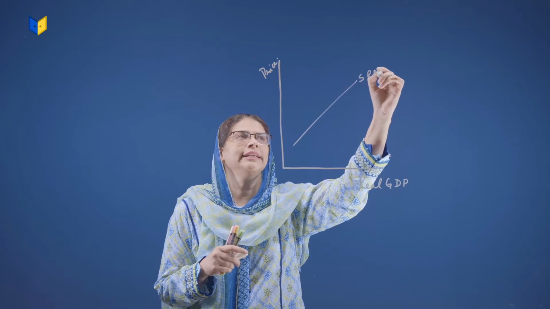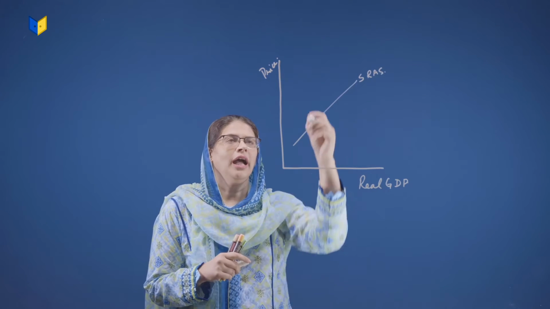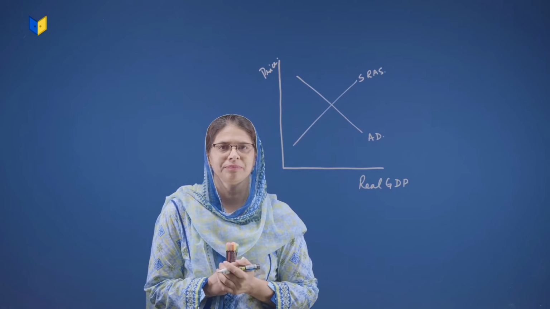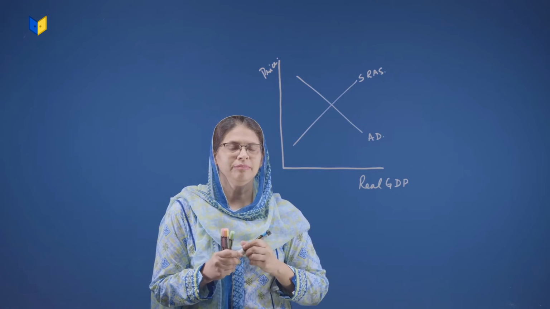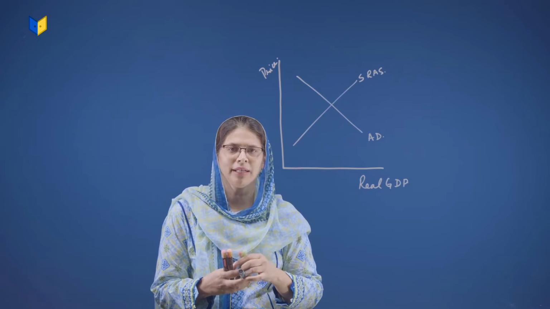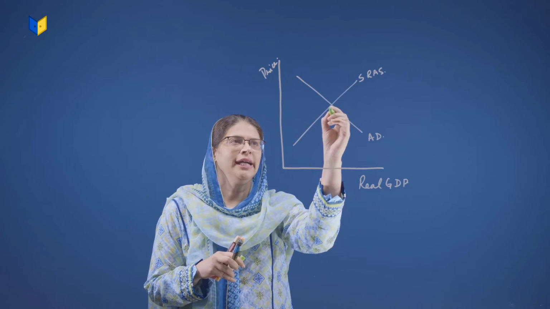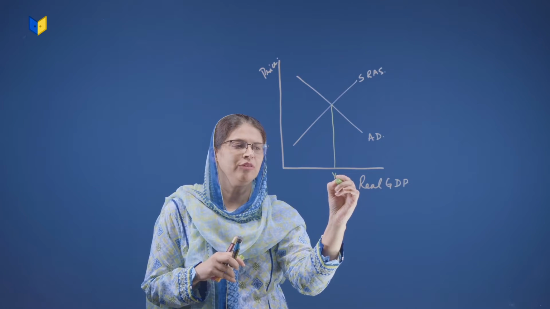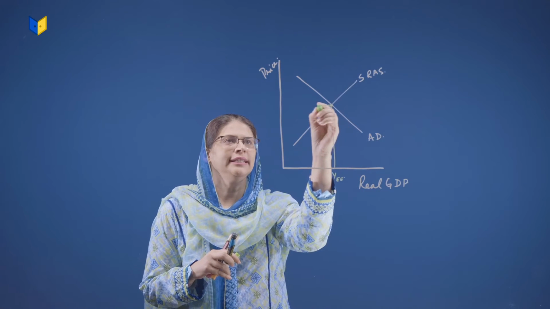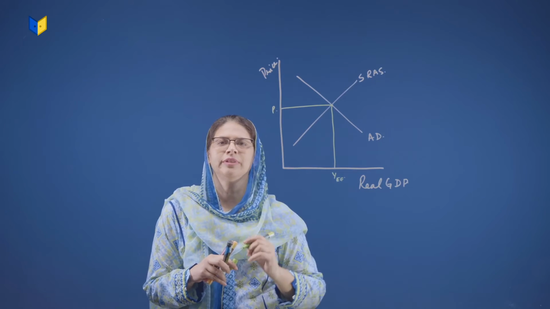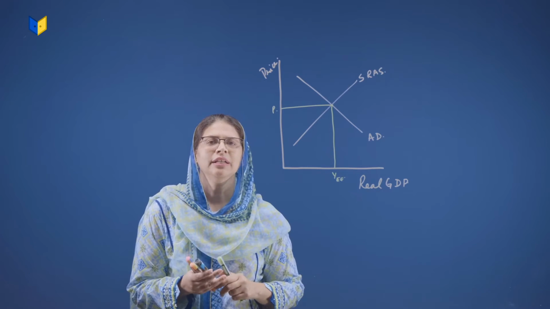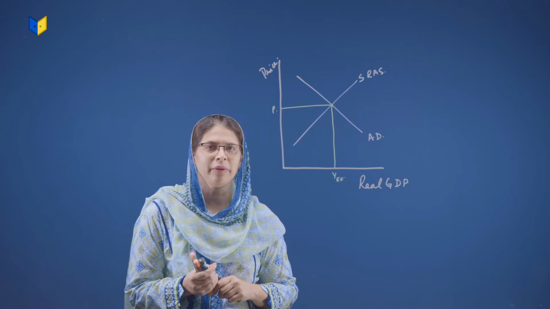If this is your short run aggregate supply curve and this is your aggregate demand curve, this is the basic structure of the market that I have drawn. This is where your resources are being fully employed, and this is the price. This is the equilibrium price, where the resources are fully employed.